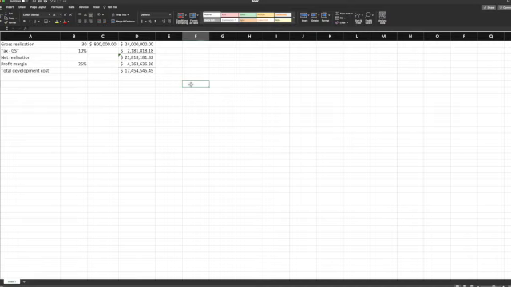So the next thing that we have to do is consider all of the different things that make up our costs. And as a developer, we know generally what our costs are going to be on a project. And through experience and a number of assumptions that we have to make, we understand different components. So we know here we're trying to target the land. So that's going to be the very last thing that we look at.